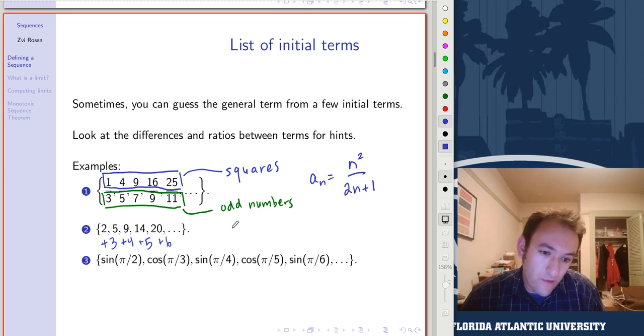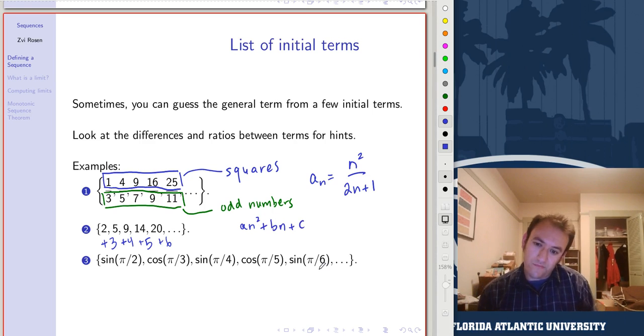So what's left for us to figure out is what that quadratic function of n is. It's going to look something like an squared plus bn plus c. We know that when we plug in n equals 1, we get 2, so a plus b plus c equals 2.